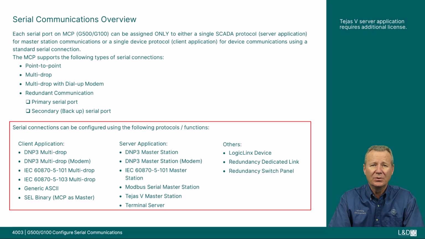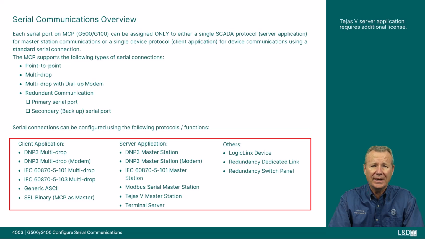Serial connections can be configured using the following protocols or functions: client application, DNP3 multi-drop, DNP3 multi-drop modem, IEC 60870-5-101 multi-drop, IEC 60870-5-103 multi-drop, generic ASCII, SEL binary; MCP as a master server application, DNP3 master station, DNP3 master station modem, IEC 60870-5-101 master station, Modbus serial master station, Tejas V master station, terminal server, others, logic links device, redundancy dedicated link, and redundancy switch panel.